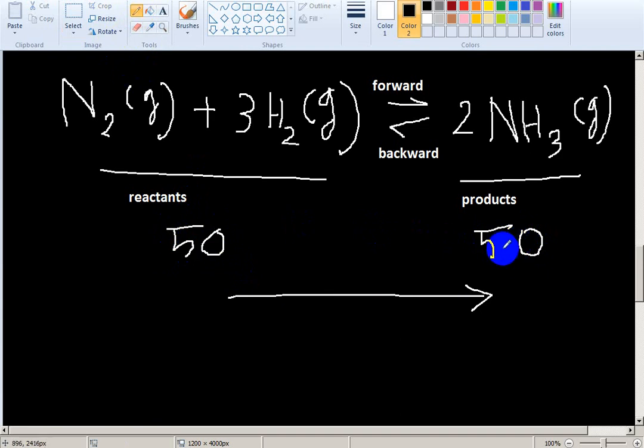If you decrease the concentration of the product, it was 50, now 30. What will happen? Which side will the reaction move, left to right or right to left?